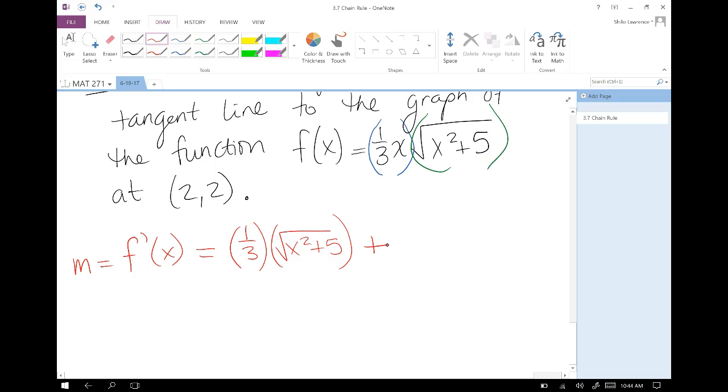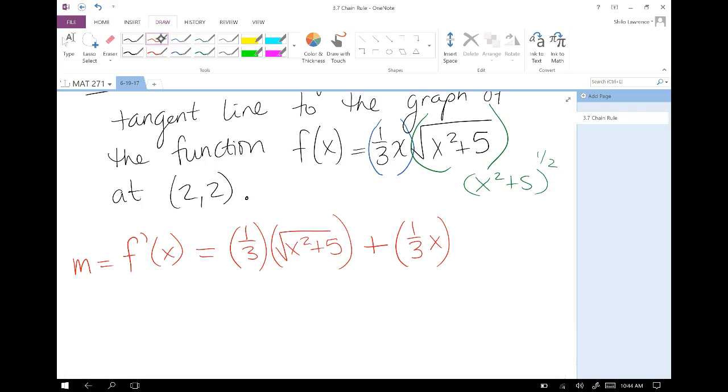And then we flip-flop. We'll do the original of the first, the derivative of the second, and this is the only part where we need the chain rule, because we now want the derivative of the second piece. So think of this as x squared plus 5 to the half.